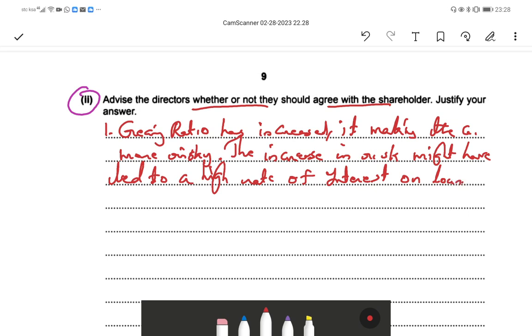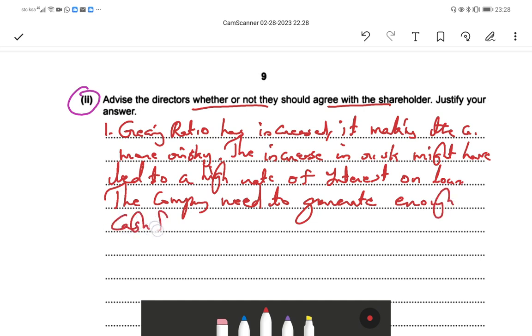The company needs to generate enough cash flow to pay the loan interest and repay the loans.